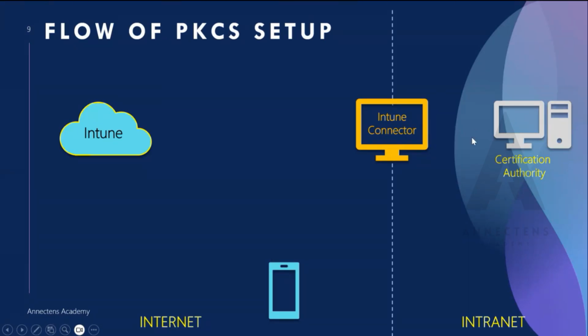These two parts are on the intranet. On the internet side, we have mobiles which are not connected to the domain, and this is where your Intune services are already available. So we set up a connector in between both the worlds, intranet and internet.